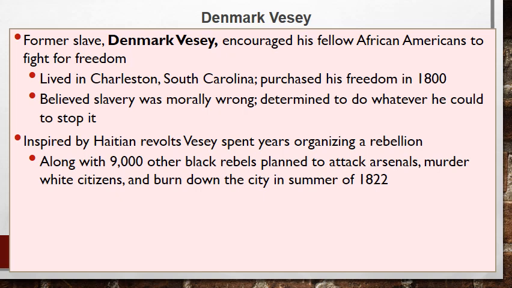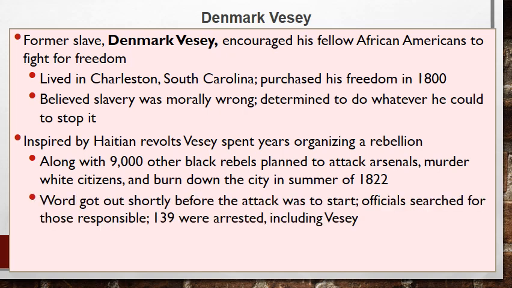Though historians in the last 10 years have doubted whether or not this was actually a planned revolt. And so we're kind of divided as a historical community. The problem is that testimony taken after the supposed revolt was coerced by white people under force, which then means you can't be sure if you can really trust the testimony.